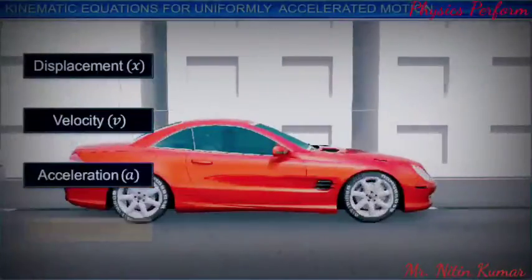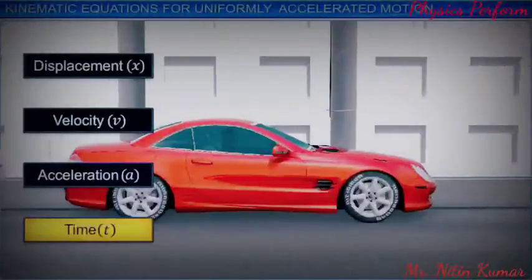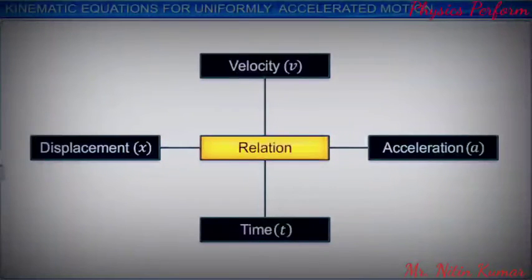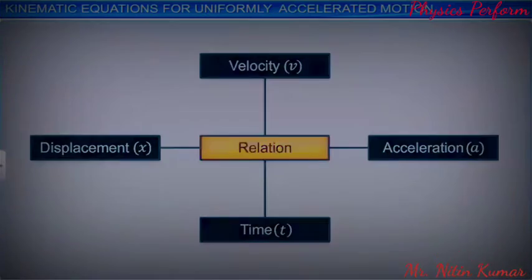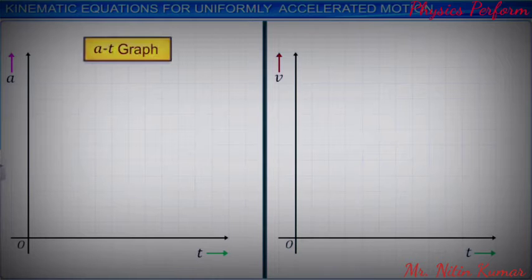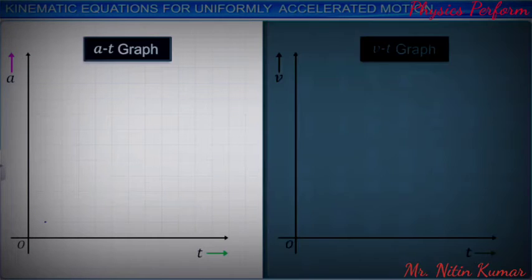Displacement x, velocity v, acceleration a, and time t are related. Let's derive how each term is related to the other. Before deriving the kinematic equations, we have to learn about xt and VT graphs.